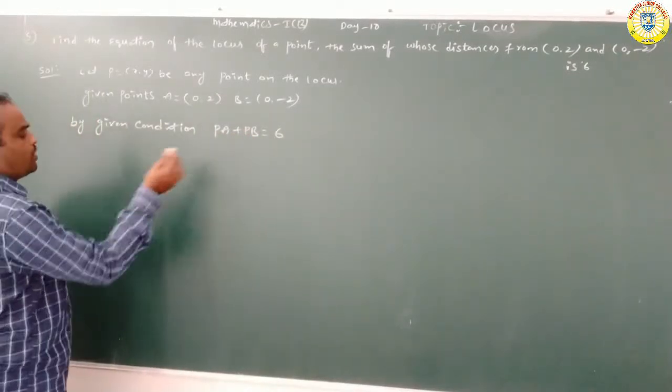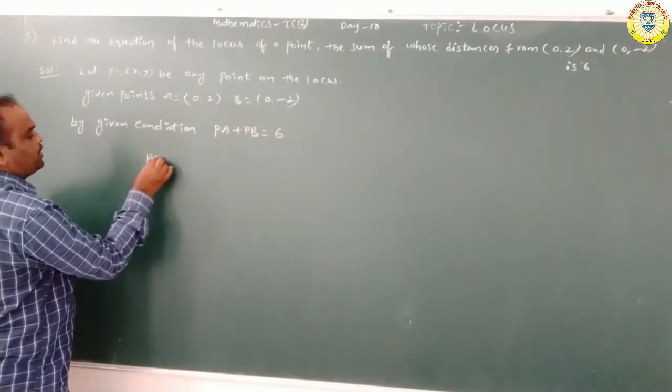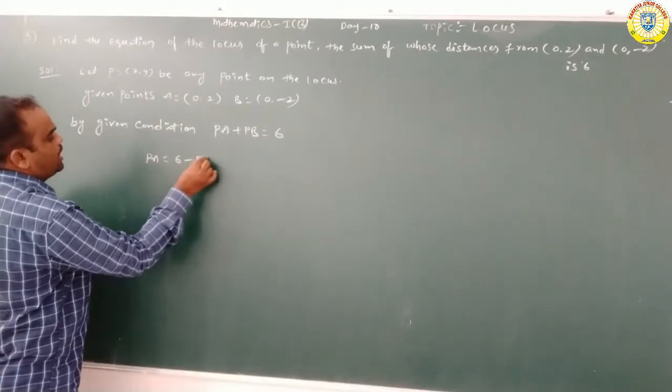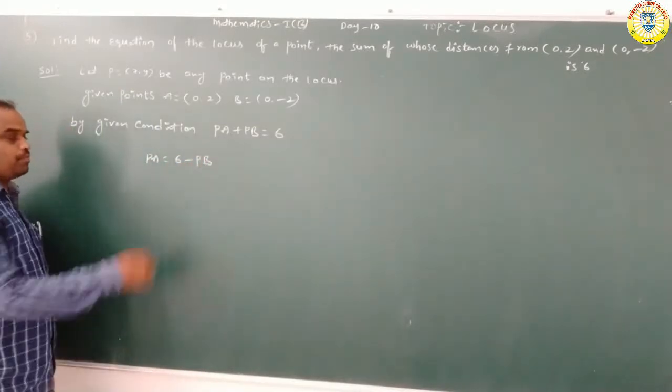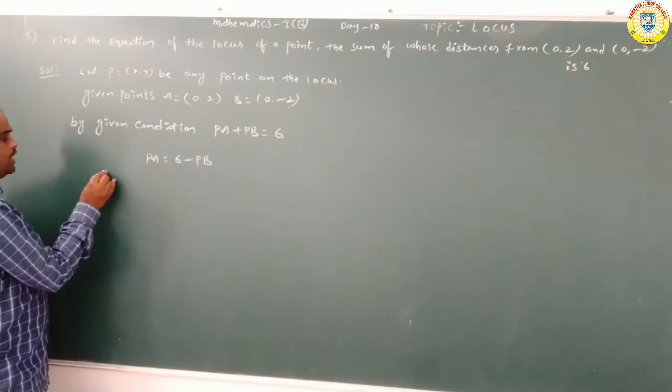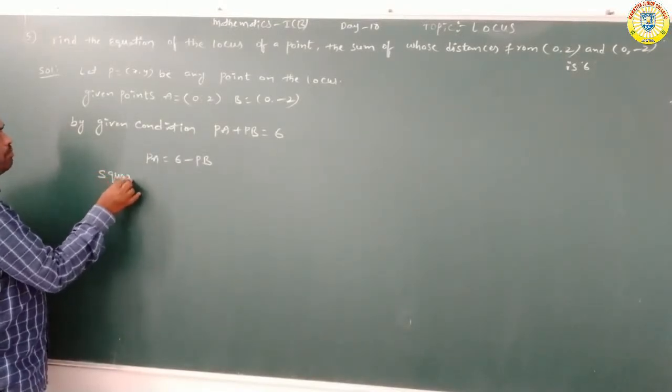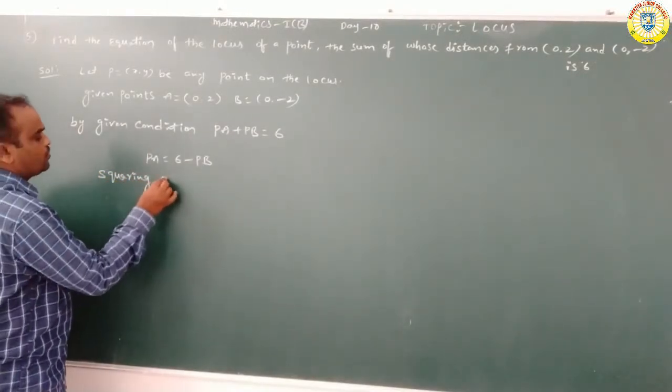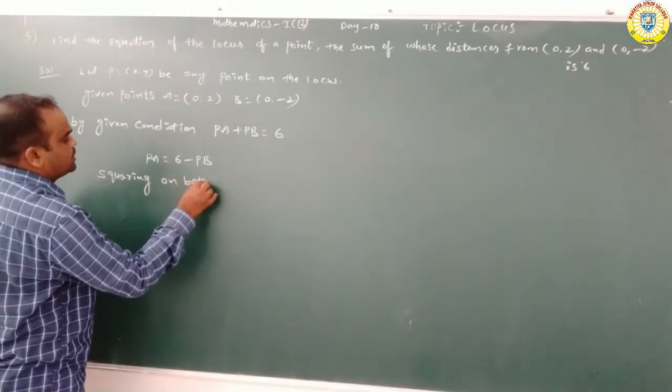Okay now? PA + PB = 6. See here, for our convenience we write PA = 6 - PB. Next we do squaring on both sides.